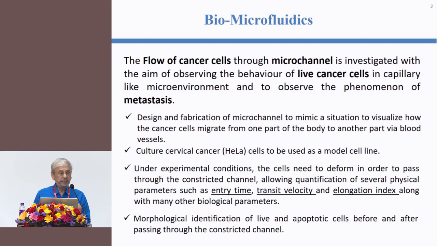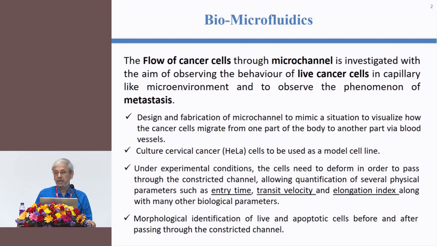So when we did this experiment, as you know, in our country, the cancer cells are available from the National Center for Cell Sciences. And you have to submit your requisition to get the cancer cells. When we submitted our requisition, they could not supply us.